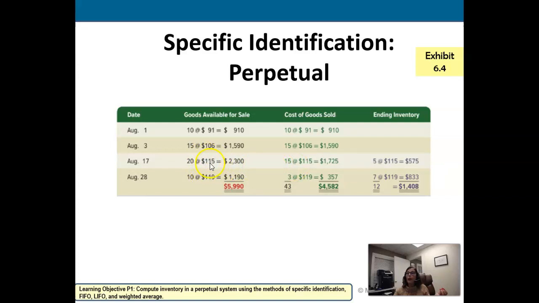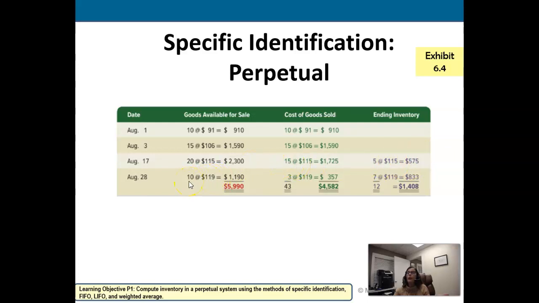Now, we know what we paid for those 15 items, so it becomes really clear that our cost of goods sold are 15 of these that we paid $115 for. And we then know that the 5 we have left are also at that same $115 to give us our total ending inventory of $575.